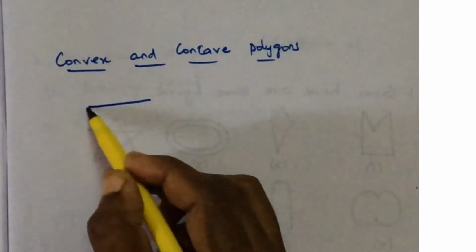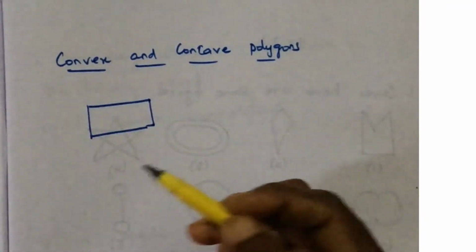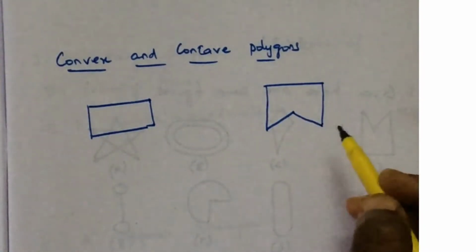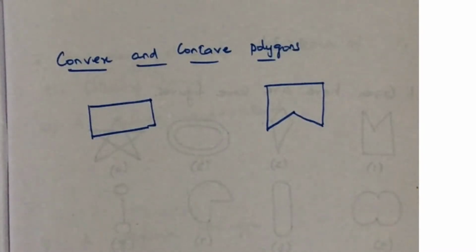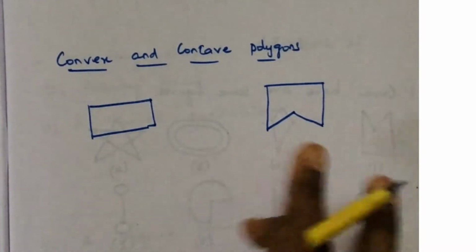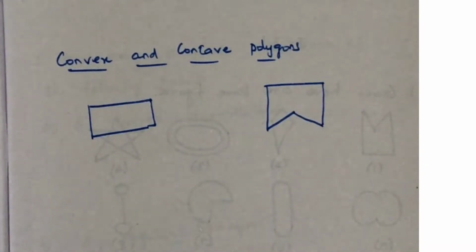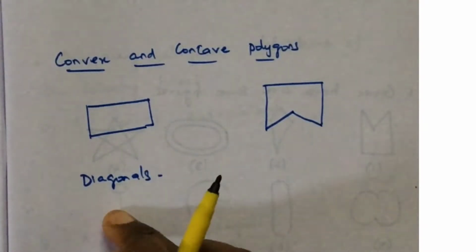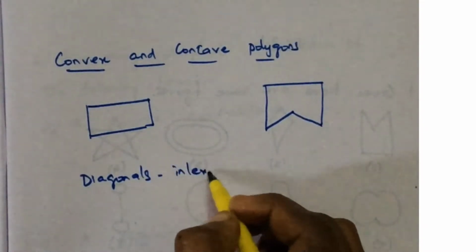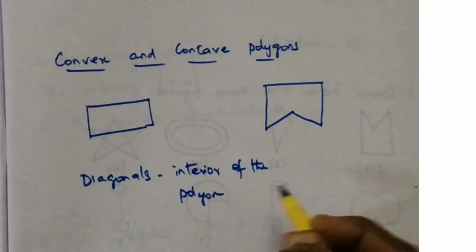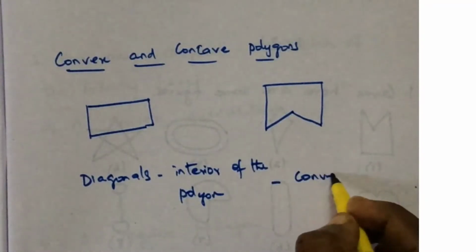So I am going to draw some examples for this. This is a polygon and this is also a polygon. Okay, both are closed curves, no overlapping, so simple closed curves, and made up of only line segments. So both figures can be called polygons. Here, what are convex polygon and concave polygon? For that you have to draw the diagonals. Okay, if the diagonals lie in the interior of the polygon, then it is called a convex polygon.